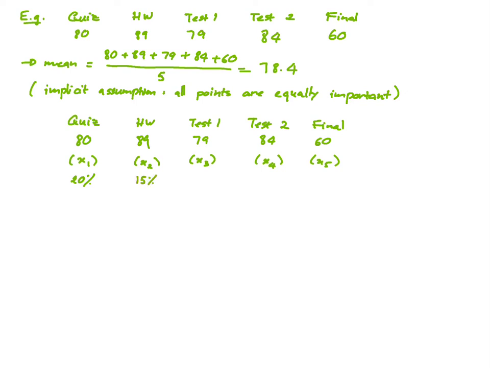Test 1 is worth 20%, test 2 is worth 20%, and then the final is worth 25%. So I have the weights omega 1 right here, omega 2, omega 3, omega 4, and then omega 5. Okay?